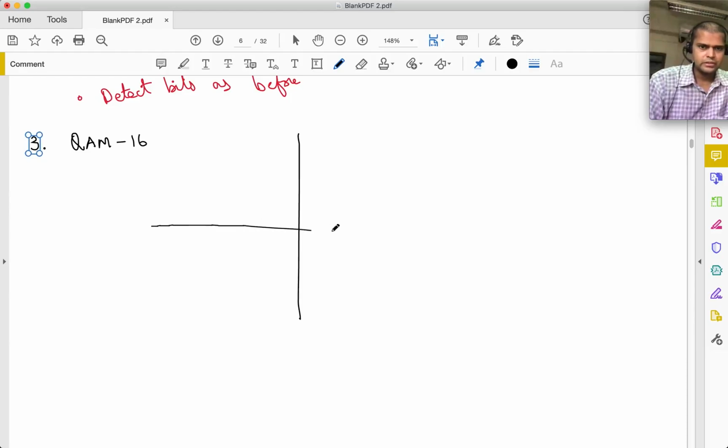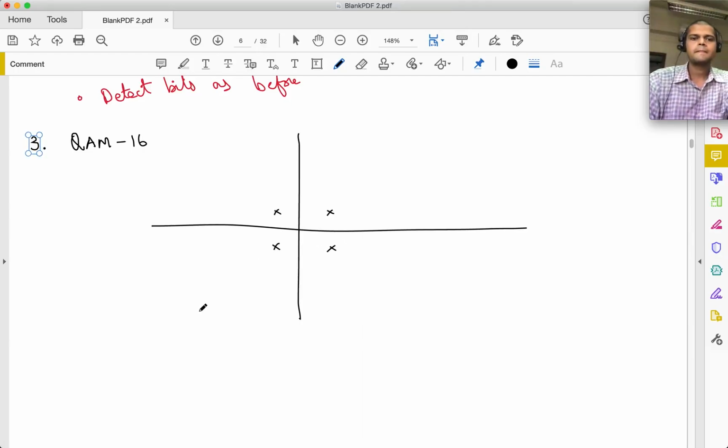So QAM16, as you can imagine, has 16 points, so it would look like this. But now I have more points like this.